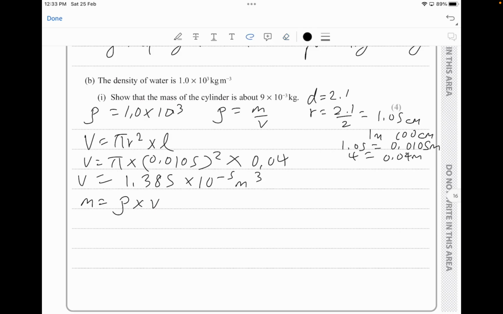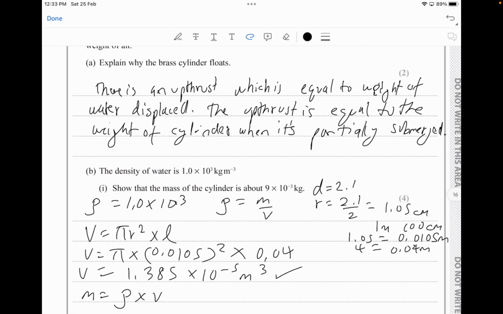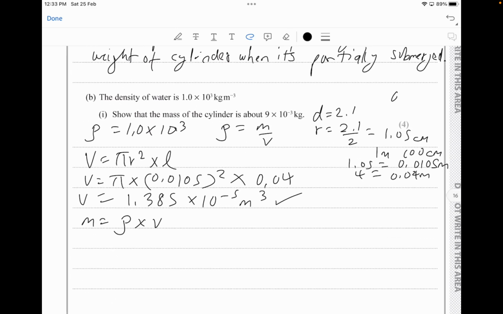So what we have to do is, since we calculated the volume, so we got that part right, we have to know the volume submerged. We know that 63% of the volume of the cylinder is submerged. So 63% is 63 divided by 100, which is roughly about 0.63.